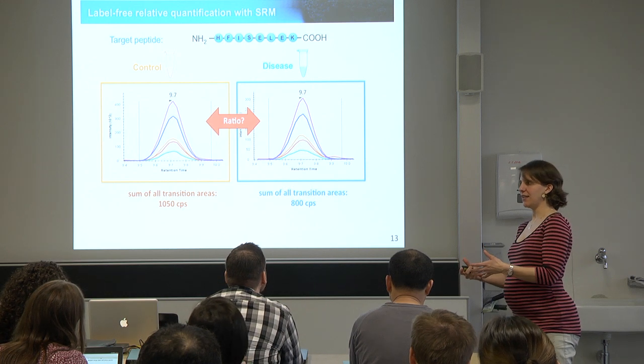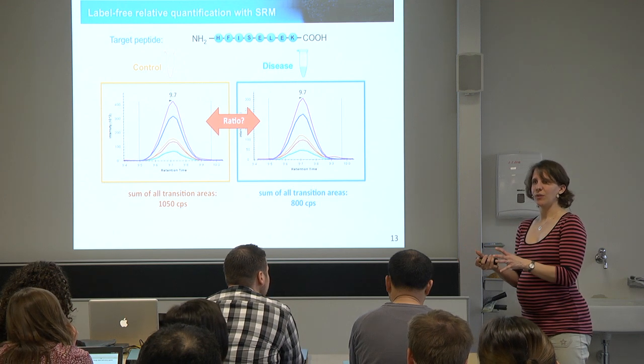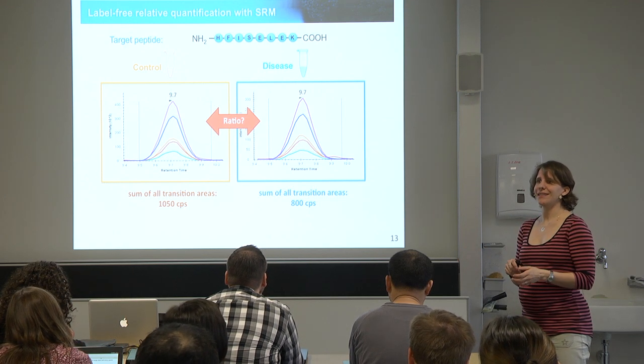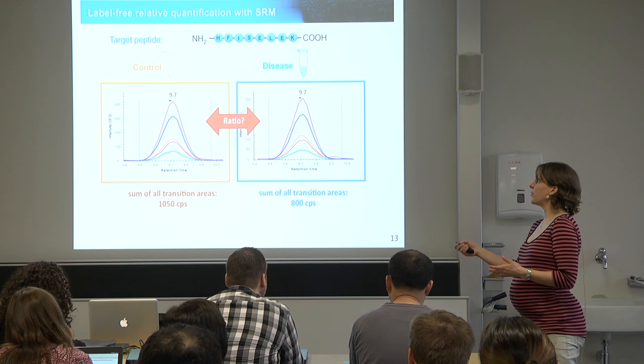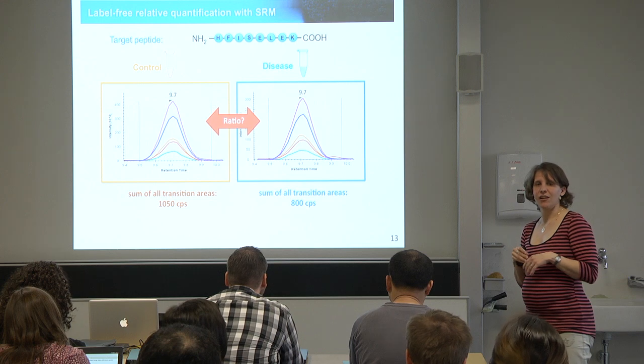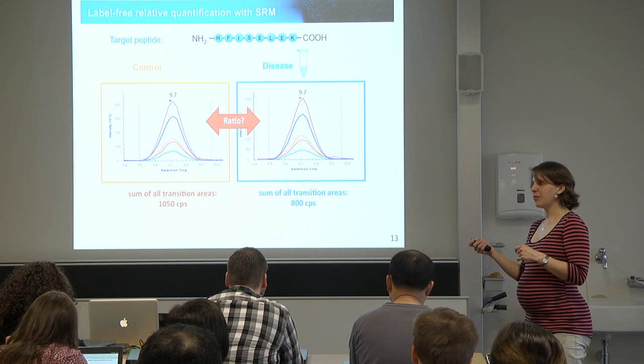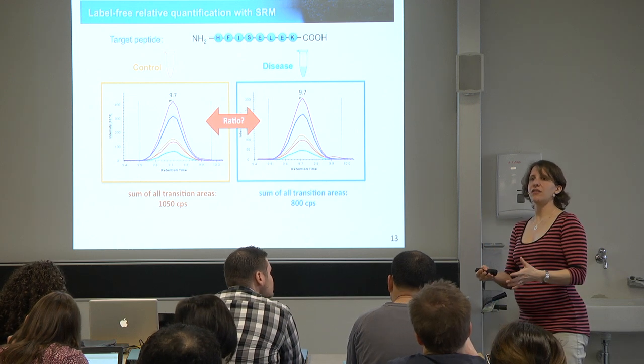A more intense transition has a bigger weight on the final ratio than small intense ones. In proteomics this makes sense because often the more intense transitions are the nicer quality ones and the very low ones are lower quality. So by first summing them all up, you put more weight on the more intense ones than on the low intense ones.